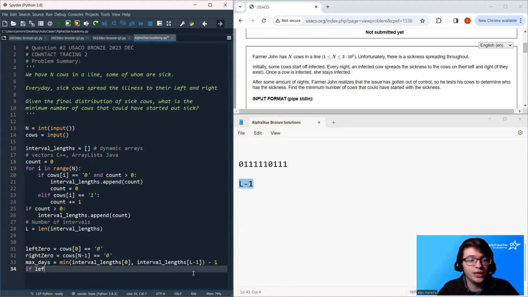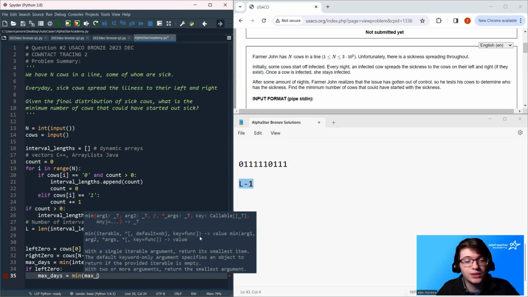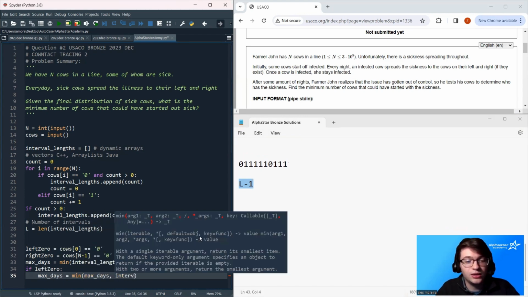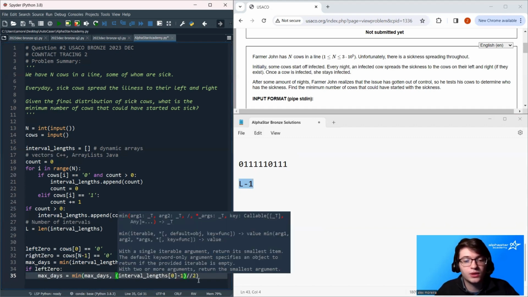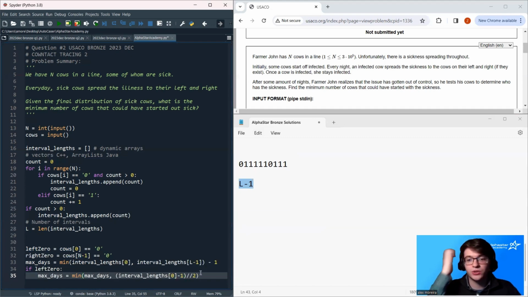So we can do something like if left 0, then the max days is going to be the min of max days and interval lengths[0] minus 1 over 2. And I'm using 2 slashes for integer division here. But in C++ and Java, it's just 1 slash.